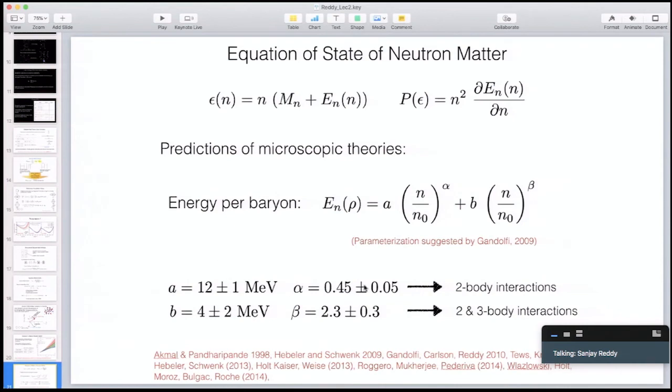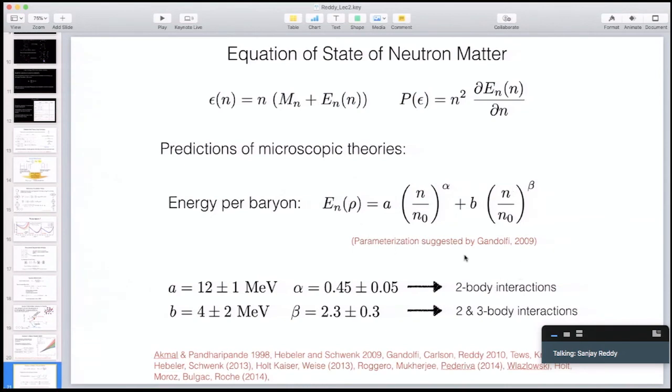A and alpha are well determined because they mostly depend on the low density behavior where two-body interactions dominate. B and beta are more uncertain because they depend on the 2- and 3-body interactions at higher momenta, and the uncertainties associated with the chiral expansion become important.